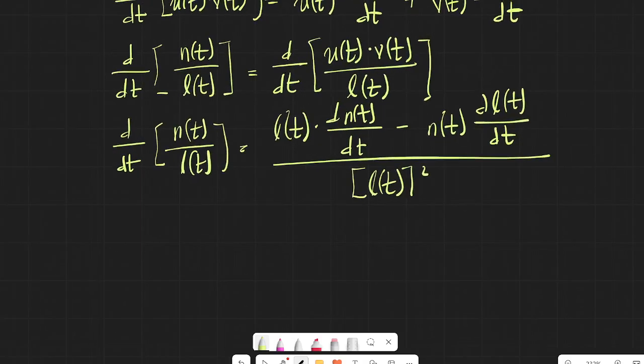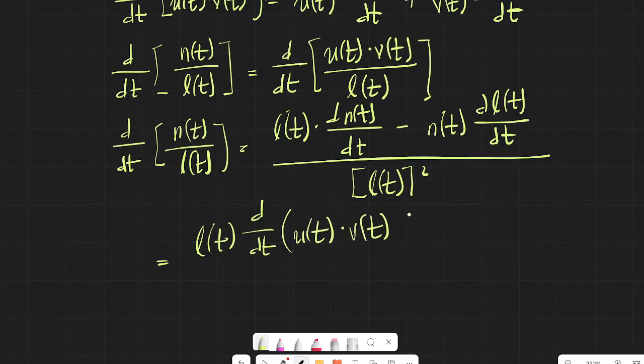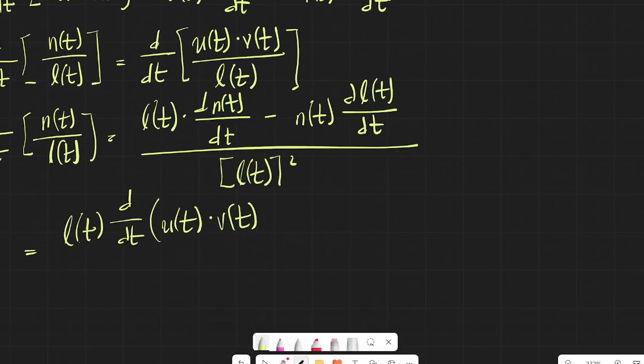Now let's replace the n's. So this whole thing is just going to be equal to L of t, the derivative of u of t times v of t, right? And we know that is a product rule.